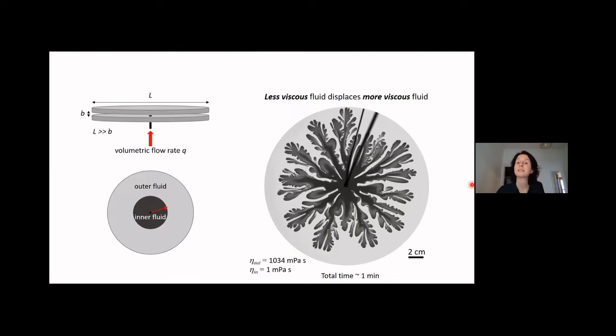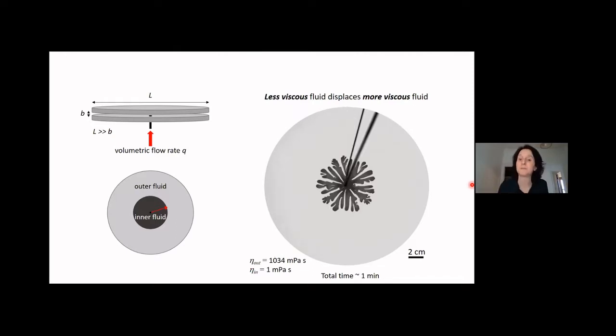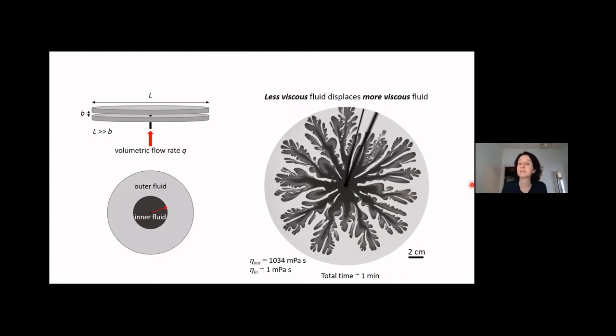You see that as soon as the water invades the glycerol, the interface between the two fluids becomes unstable and fingers grow into fairly complex patterns.